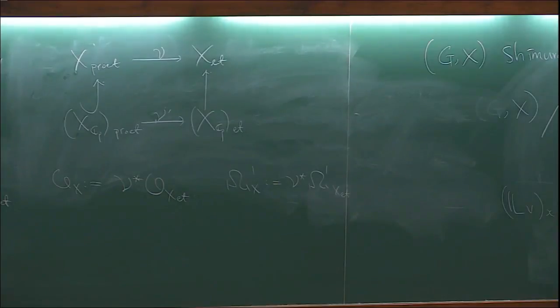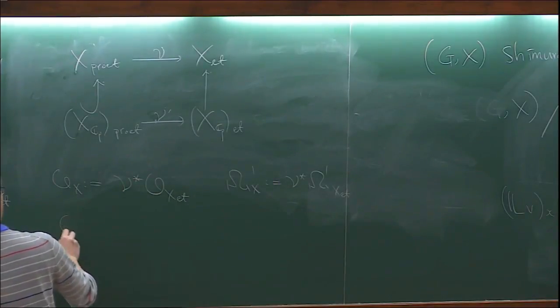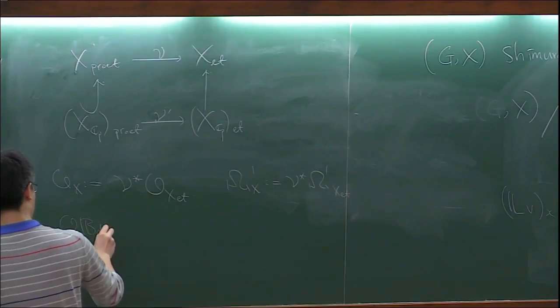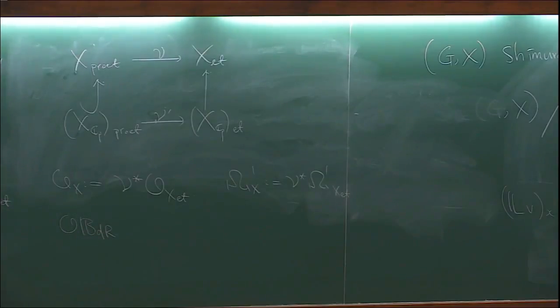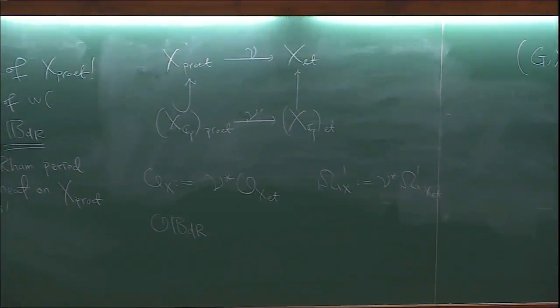Then actually, the main object to play with is the so-called O B_dR. This is a sheaf which somehow combines the de Rham periods and also the structure sheaf.